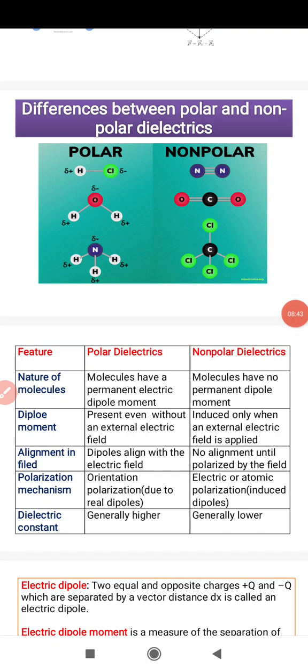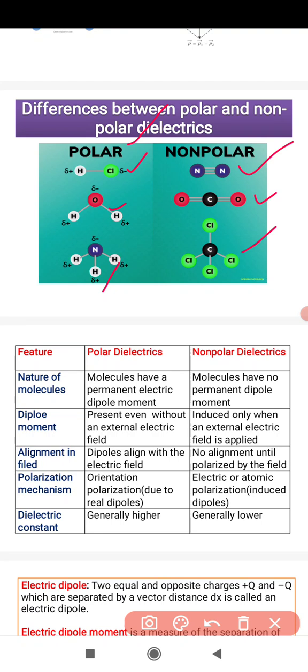Now we see the differences between polar and non-polar molecules. We have already seen the examples. Polar ones are hydrogen chloride, H2O, NH3, etc. Non-polar ones are N2, CO2, carbon tetrachloride, etc. The characteristics of polar and non-polar dielectrics are as follows. In the nature of molecules, polar dielectrics have a permanent electric dipole moment.